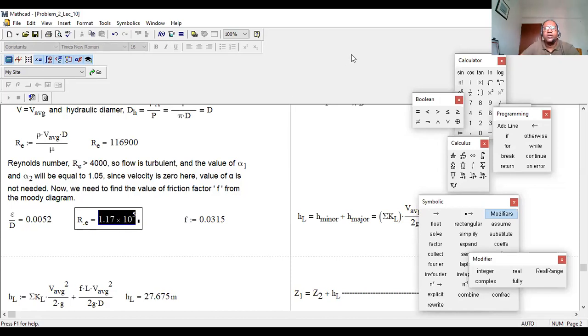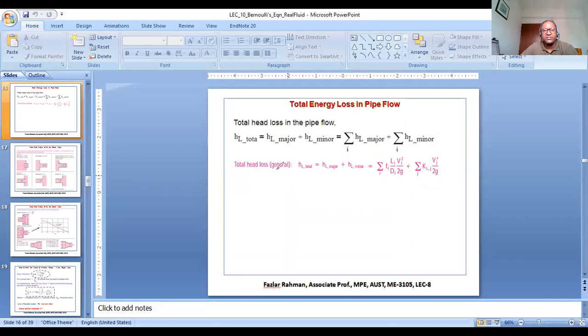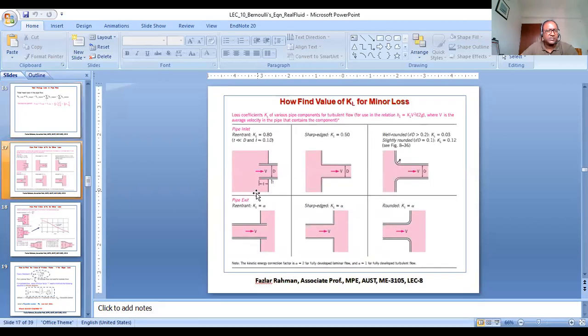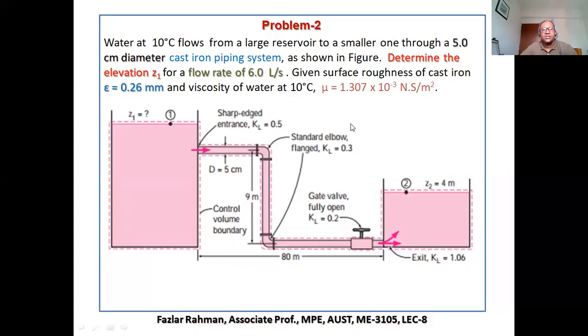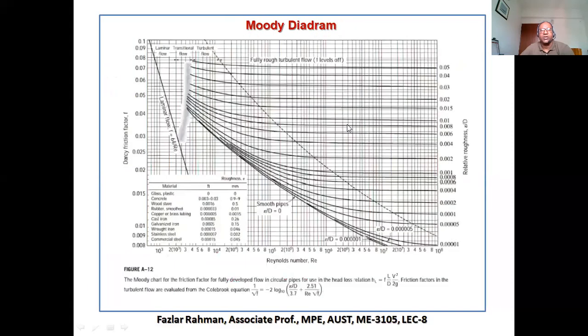So if we go to the Moody diagram, I would like to show you. Okay, so our Reynolds number is 1.17 × 10^5.